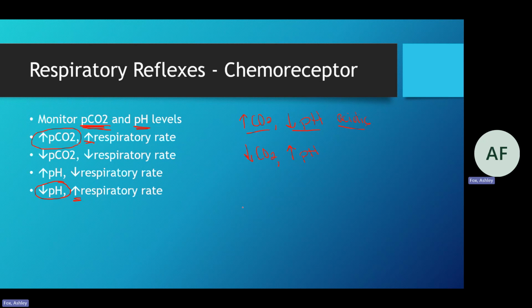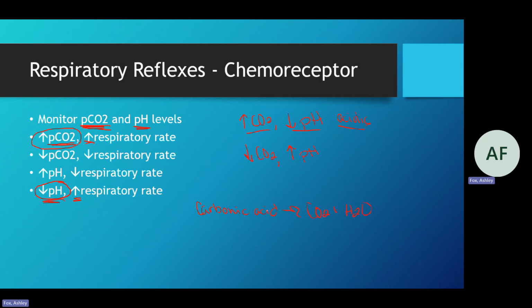So you're going to continue that transport of carbon dioxide, and the transition from carbonic acid to carbon dioxide and water, and you're going to get rid of it. Increasing respiratory rate is going to get rid of carbon dioxide, but it's also going to increase your pH, getting it back towards normal, because you're going to take carbonic acid and break it into CO2 and water.